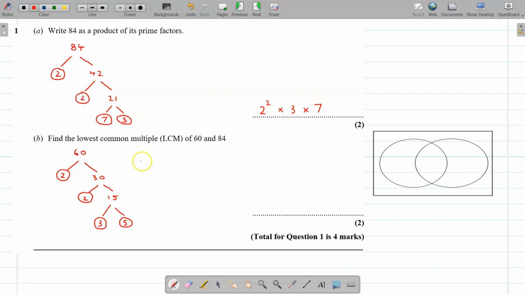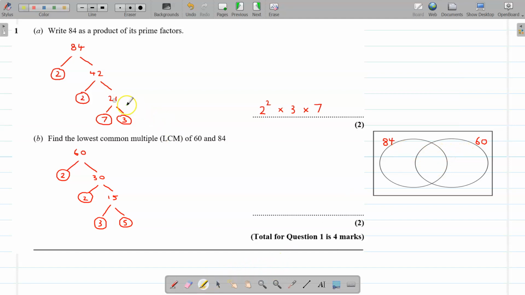Now, to find the lowest common multiple, I take them off in pairs first of all and fill out the middle part of this Venn diagram. Let's say the one on the left represents the 84 and the one on the right is the 60. I'm going to put in the middle the factors that belong to both 84 and 60.